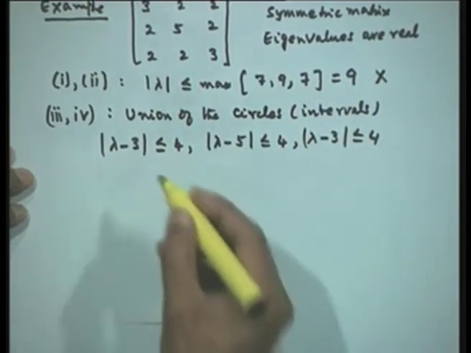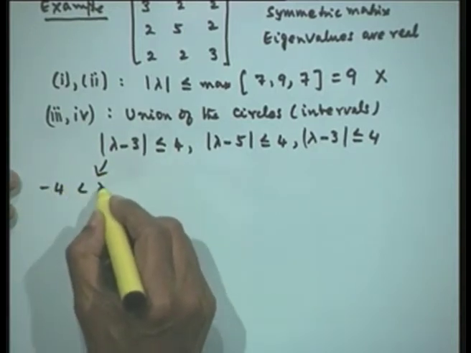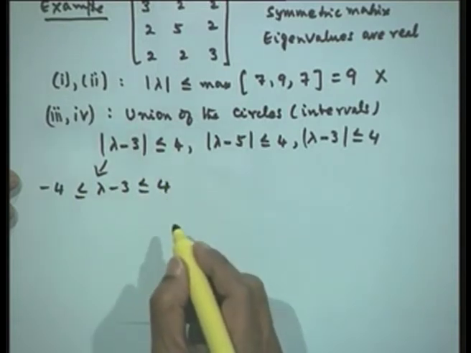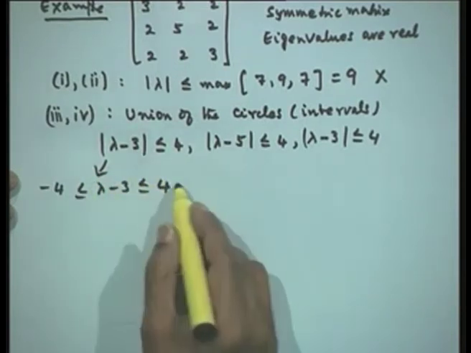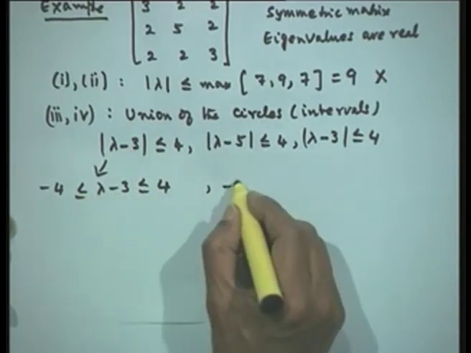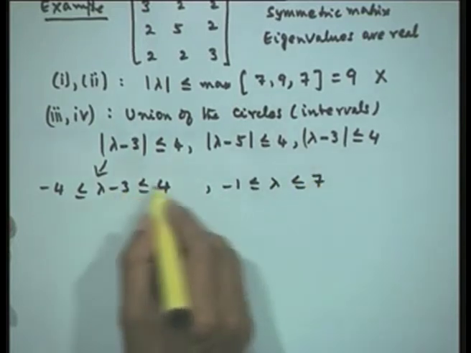Now, let us open it up. The first one, let us write it, this is minus 4 less than or equal to lambda minus 3 less than or equal to 4. So, it is an interval. Let us open it up. This gives you minus 1 less than or equal to lambda less than or equal to 7. I have taken it to this side.